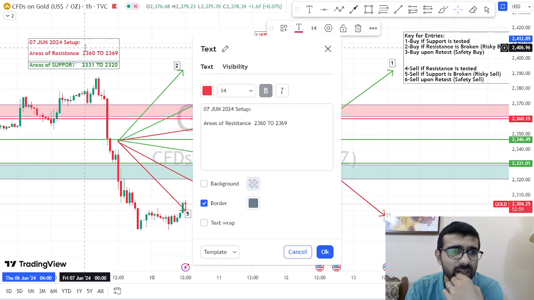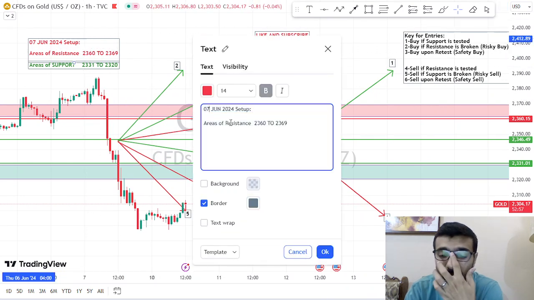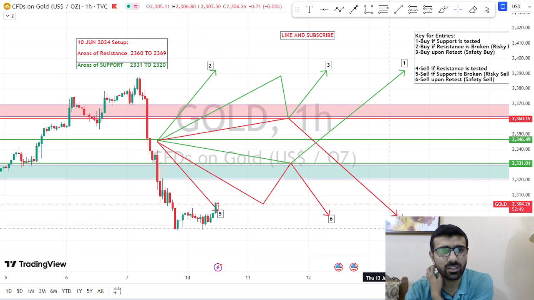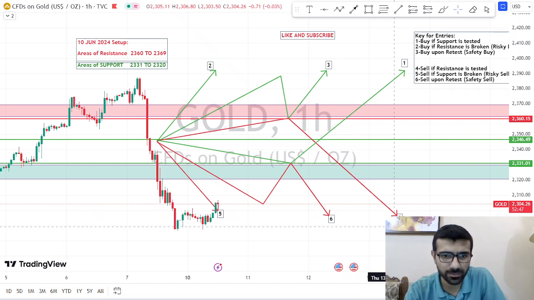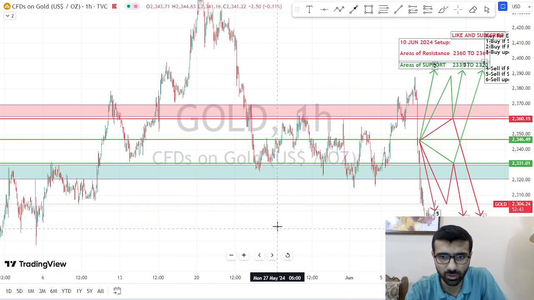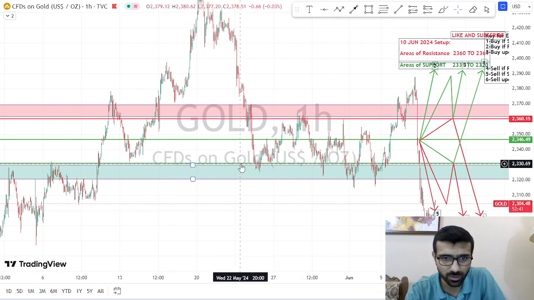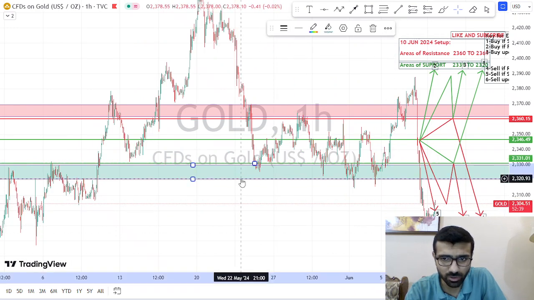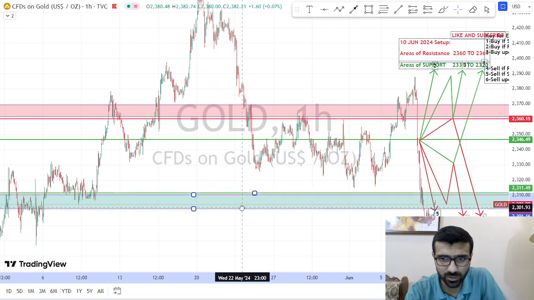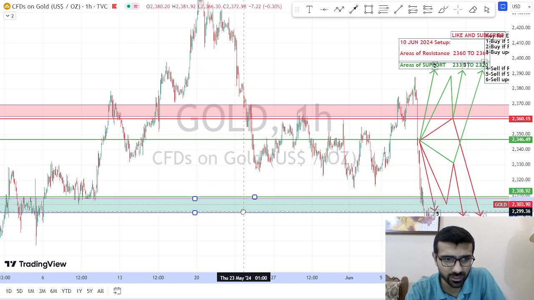So now let us move forward to our scenarios for tomorrow, which is the 10th of June. Now let us mark the new areas of support and resistance. The new area of support will now be this zone. As the market has broken this area of support and resistance convincingly, the market will now move downwards and change its area of support.